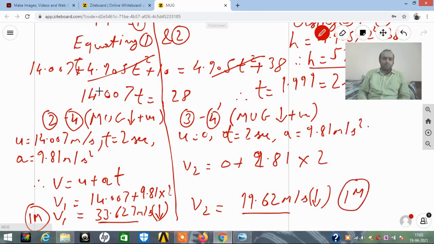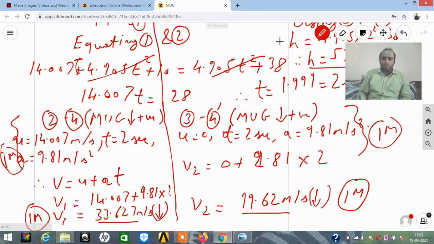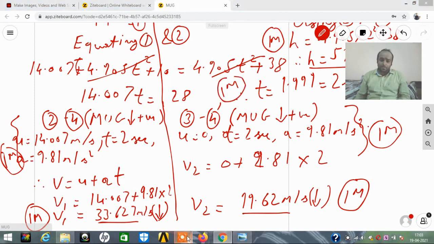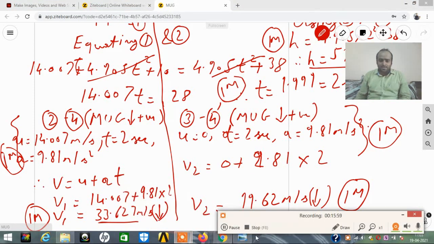So 1 mark each for these calculations. And since they have also asked about the height of the tower, 1 mark for the height of the tower and 1 mark for calculating the time along with the calculations. So this is the way the problem is solved.